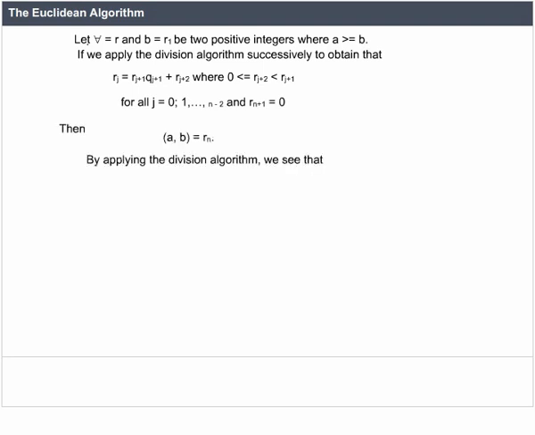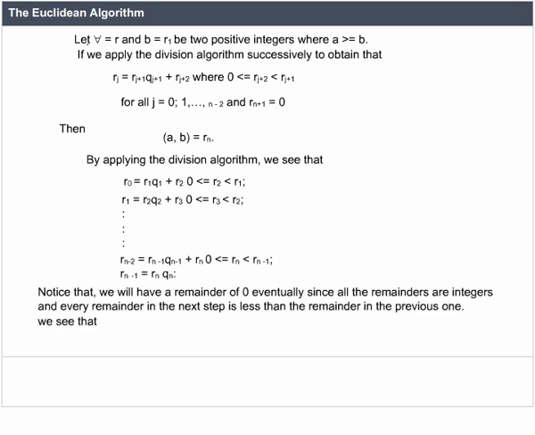By applying the division algorithm, we see that r0 = r1 q1 + r2, 0 ≤ r2 < r1. r1 = r2 q2 + r3, 0 ≤ r3 < r2, etc. rn−2 = rn−1 qn−1 + rn, 0 ≤ rn < rn−1. rn−1 = rn qn.